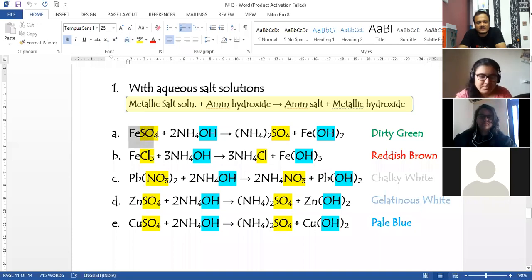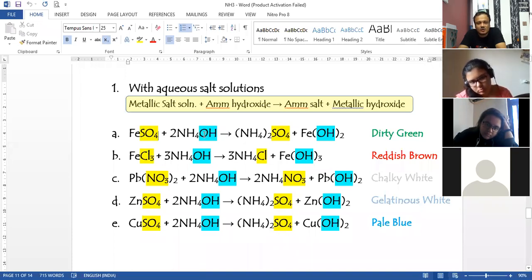So in the first case, we are taking ferrous sulfate and reacting it with ammonium hydroxide. This is a double decomposition reaction, as I mentioned in the last class. What happens is that they just exchange the anions. For your benefit, I have highlighted the anions with different colors so that you can see how they swap places and form different salts.